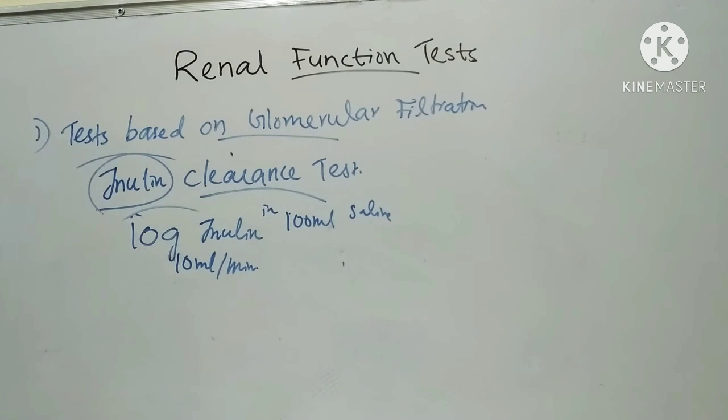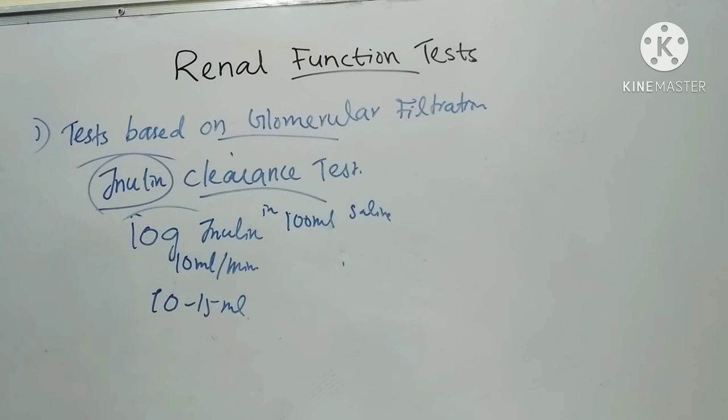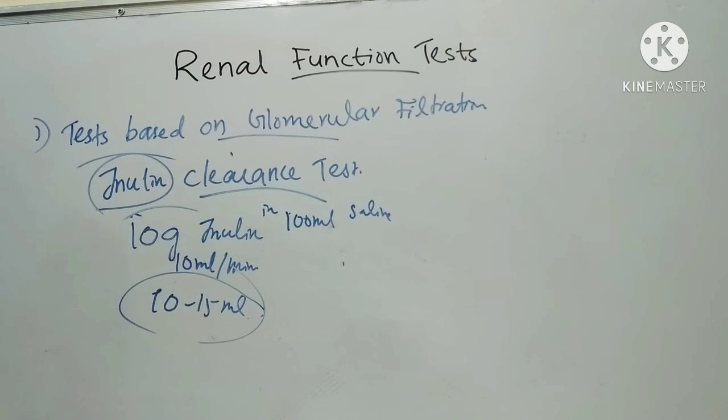At the midpoint of each collection, 30 and 90 minutes after the initial emptying of the bladder, 10 to 15 ml blood is withdrawn, plasma separated and analyzed for inulin concentration.